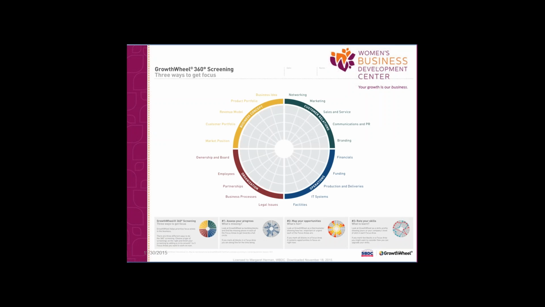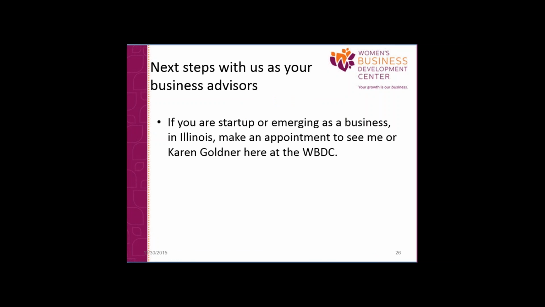It can also help you think through where you need staffing as you get to that place, and where and what that staffing should look like. So again, if you're going to use these tools, I hope you'll consider using them with us.